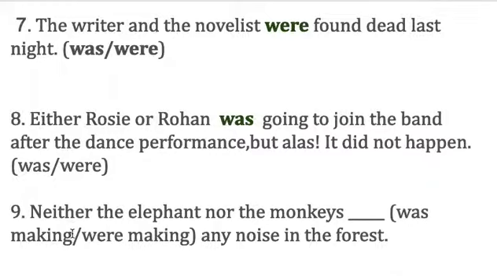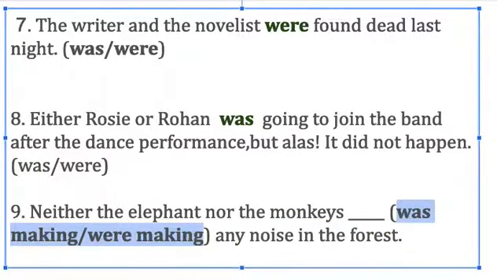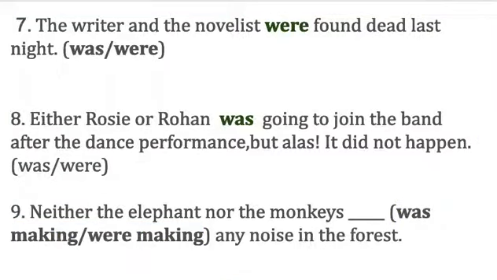Okay, neither the elephant nor the monkeys was making or were making any noise. What should be the answer? Now you see, in any sentence where you have options like or, nor, neither nor, only one is considered to be the part of the subject.